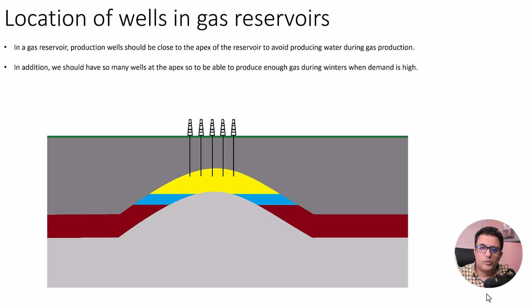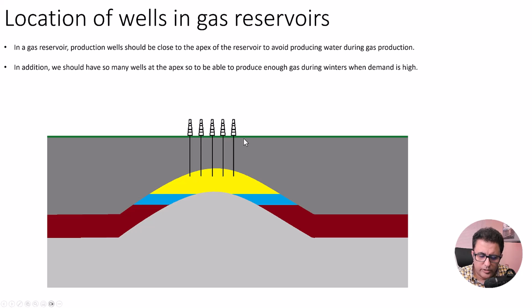But for an oil reservoir, even though it may be very small compared to a gas reservoir, it may still be profitable. Another thing that is important when we produce gas is wells. We should drill so many production wells over a reservoir to be able to meet the demand during high seasons. For example, during winter time when the demand goes way up, we should produce a lot of gas. So when we have a gas reservoir, the more production wells that we have, the better we are able to meet the demand during high season.